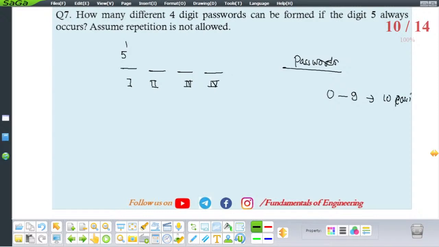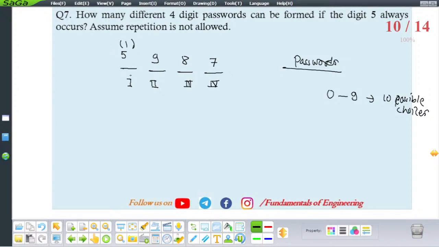Among that, 5 is already used at the first position, so 1 is gone from the 10, remaining is 9. Then 2 gone out of 10, remaining 8, and 3 gone, remaining 7.